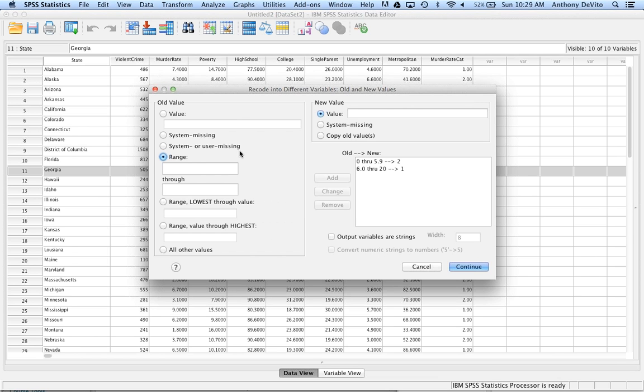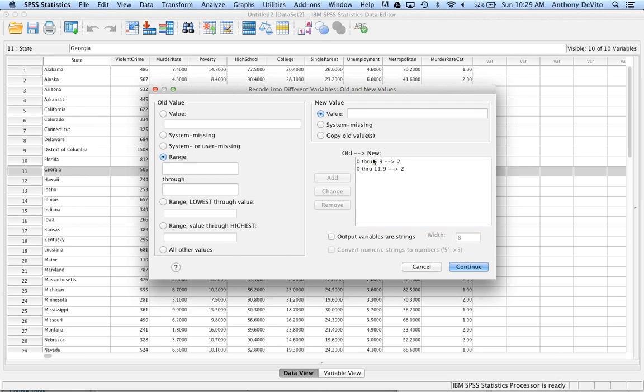Low poverty is going to be 0 through 11.9. The new value is going to be a 2 because that's the low one, the one that's not bad.